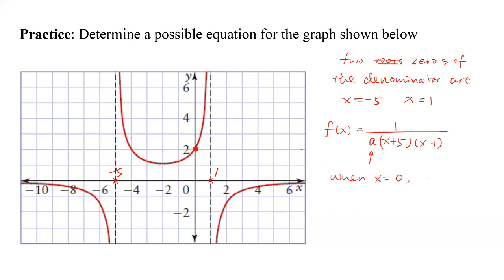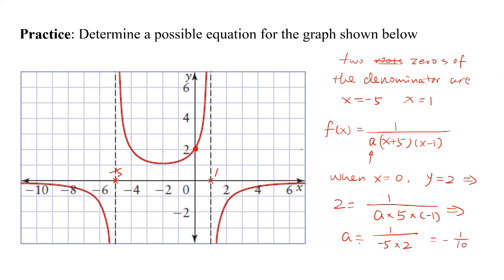So when x is 0, y is 2. This means 2 equals a over 5 times -1, so a is 1 over -5 multiplied by 2, which is -1 over 10. So a is -1 over 10.